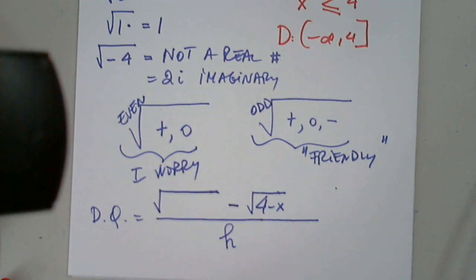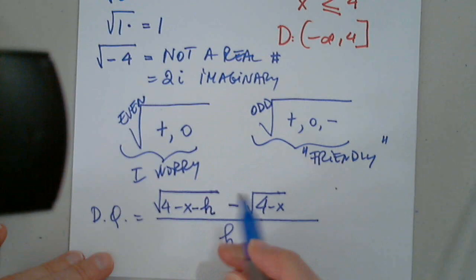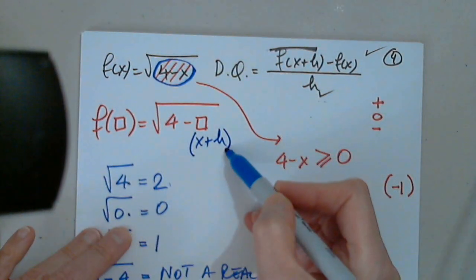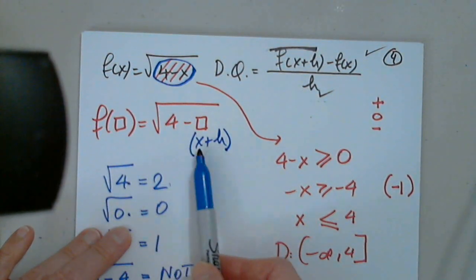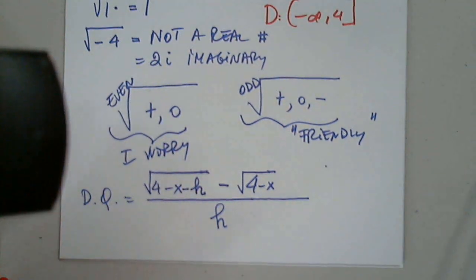Would it be radical 4 minus x plus h? You didn't say parentheses. Sorry, yes, parentheses. Or you distribute. So you either say parentheses, because I have a minus in front, or you say 4 minus x minus h. Whichever you prefer, but you have to say one or the other. Is that clear, everyone? Okay, perfect.